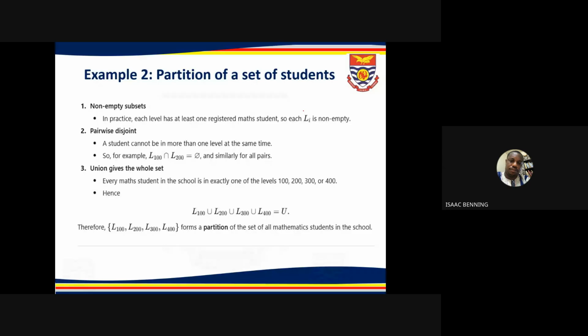Then pairwise disjoint: there's no way that a student can belong to level 100 and level 200 at the same time. So the pairwise sets are disjoint. Then when we put all levels 100, 200, 300, 400 together, we get back the math students in the School of Education. So that gives us what we call a partition of a set.